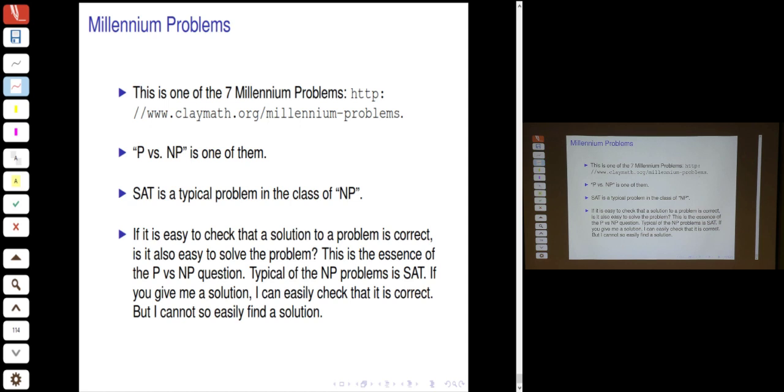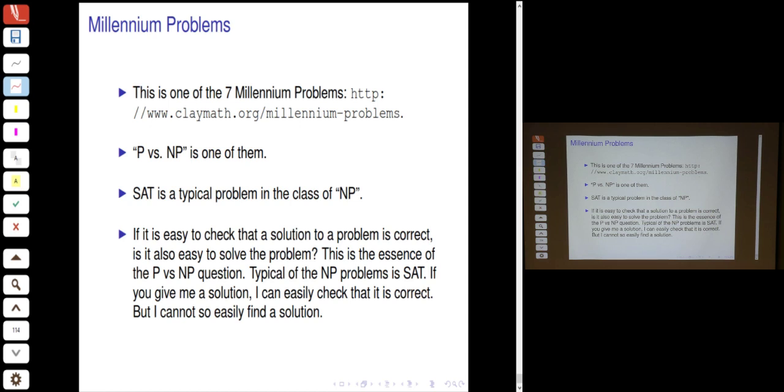But this P versus NP problem is like this. The satisfiability problem is easy to check, but difficult to solve. Now, if you can show P equals NP, it means you have a clever way of reducing solving the problem to checking the problem.